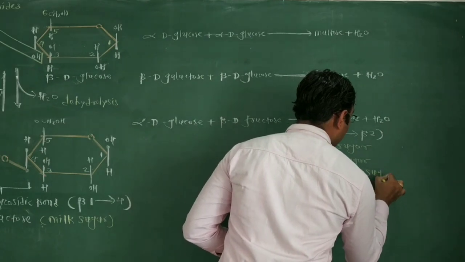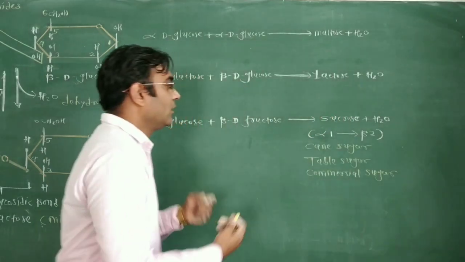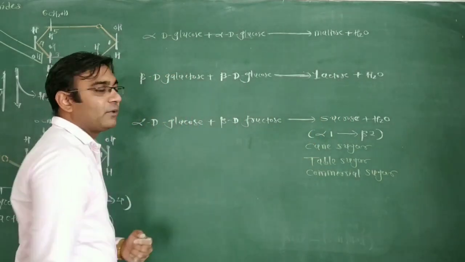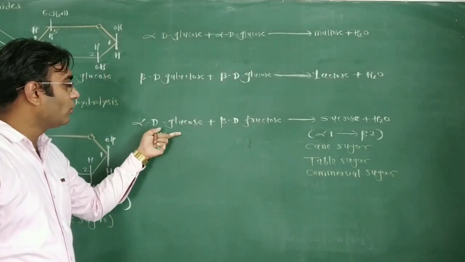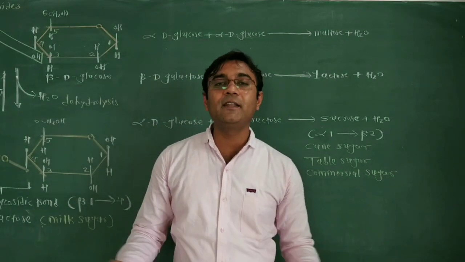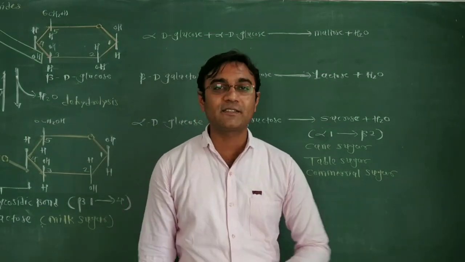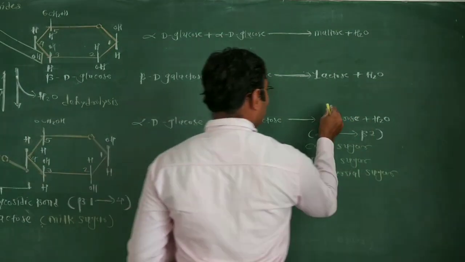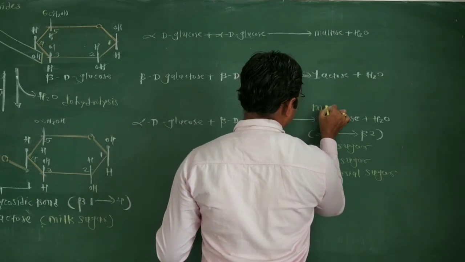Sucrose is made up of two opposite molecules, one glucose and the second fructose, that rotate the plane polarized light in different directions. That's why sucrose is invert sugar.